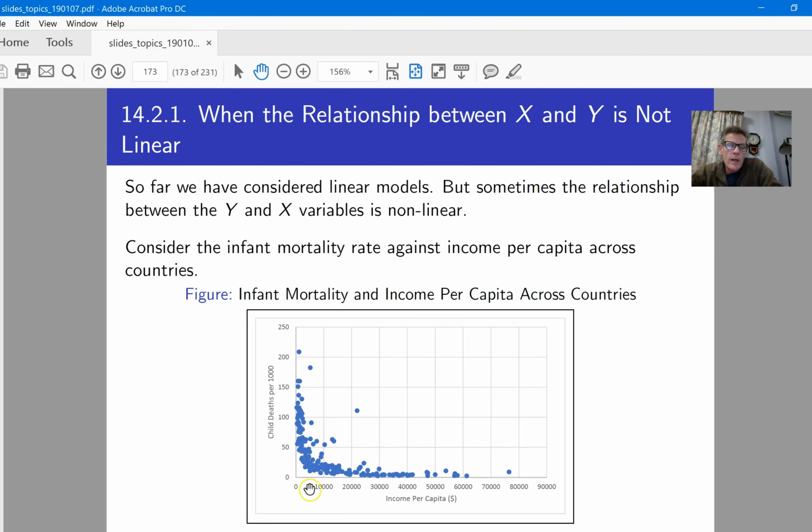You find that as your income levels increase from really poor to middle income, there's a dramatic improvement in the child death rates. But then when you go from middle income to rich, the improvement in mortality rates of children is relatively small. So it improves dramatically at the start and then slows down. So a straight line through this data is not going to do particularly well.